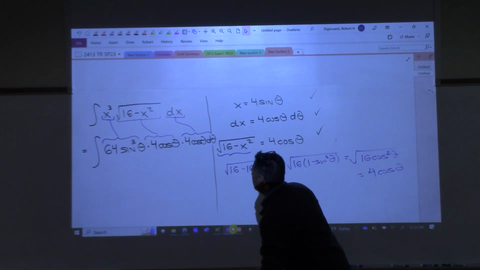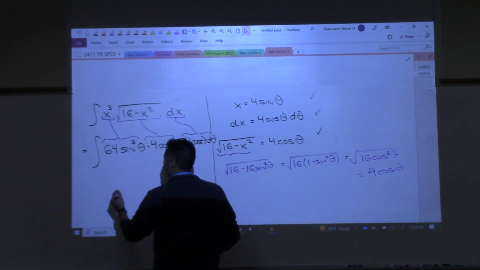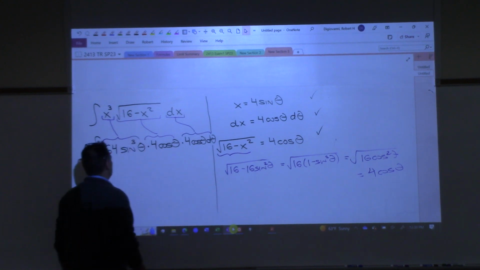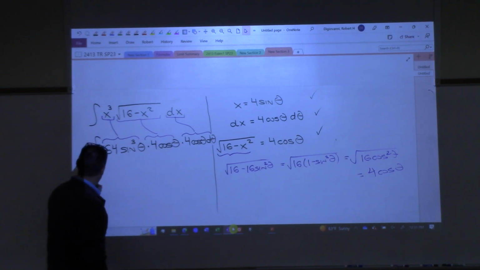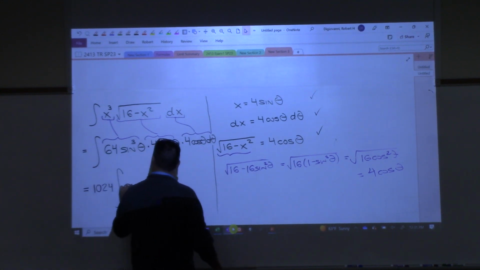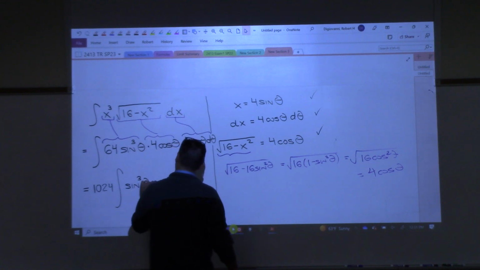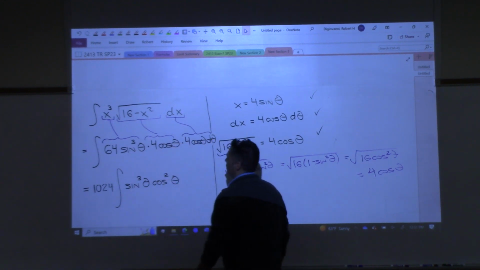So I'm going to do this. 64 times 4 times 4, what is that? 1024? It's definitely a power of 2. That sounds right. 1024 integral sine cubed theta cosine squared theta d theta.